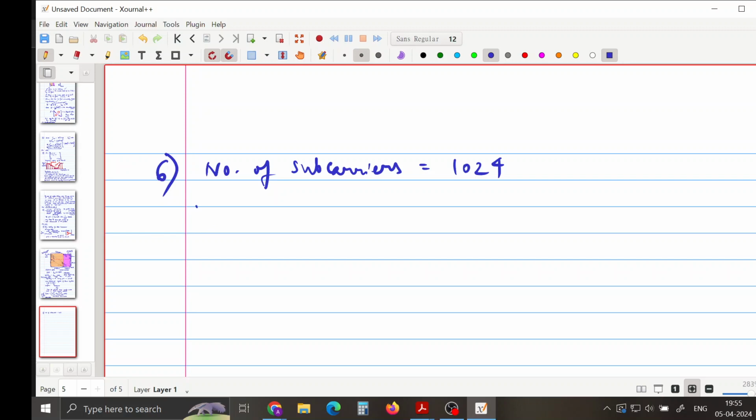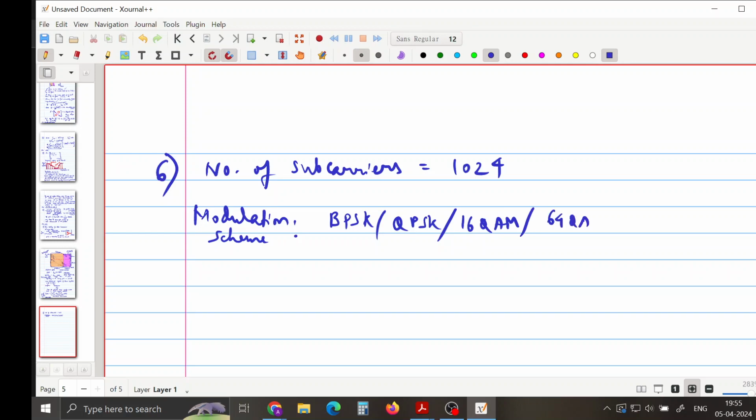And now the modulation scheme, the choices in hand. What are the choices? BPSK, QPSK, 16 QAM, 64 QAM, 256 QAM, and 1024 QAM.